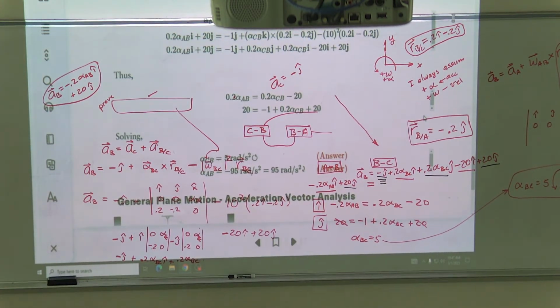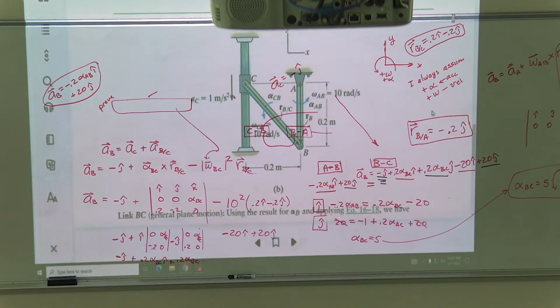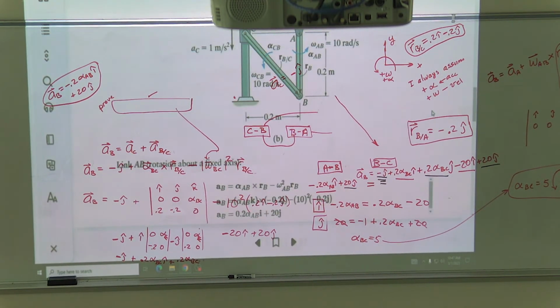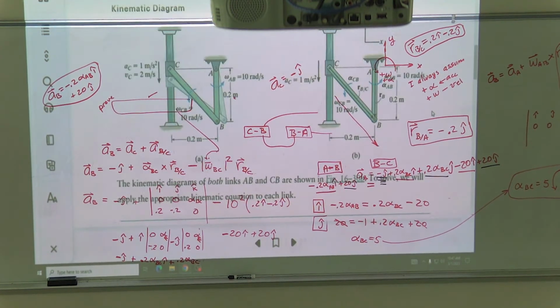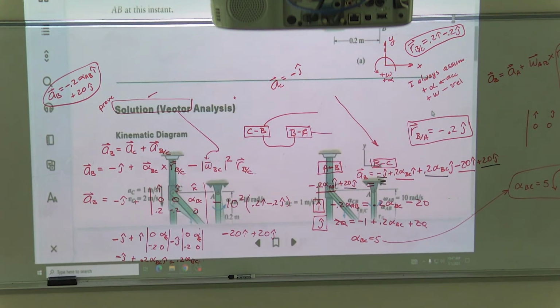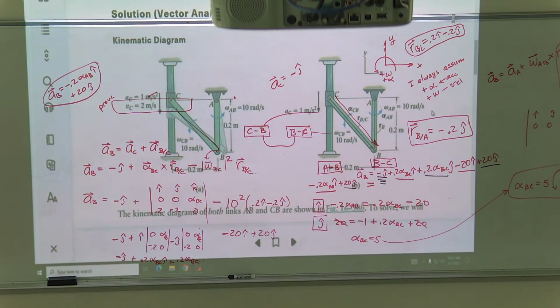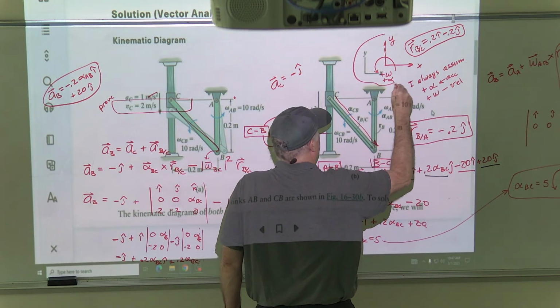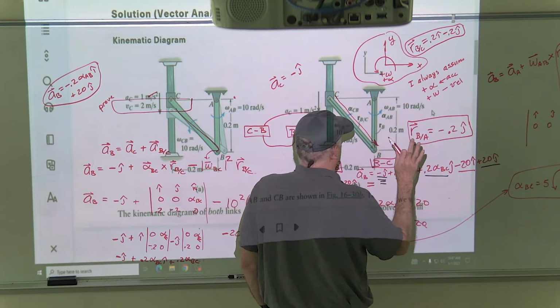So why did his equation look different? Okay, where did he talk about this? I'm trying to find out where he talked about this. And this is something you can find yourself tracking down. And that's why I always go to this sign convention here, and I always assume a positive because I don't want to get confused.